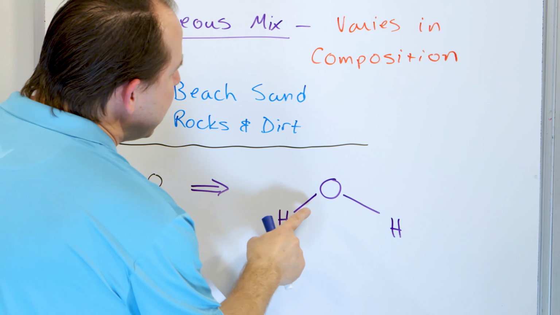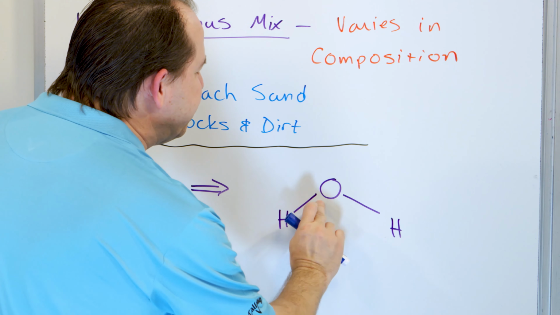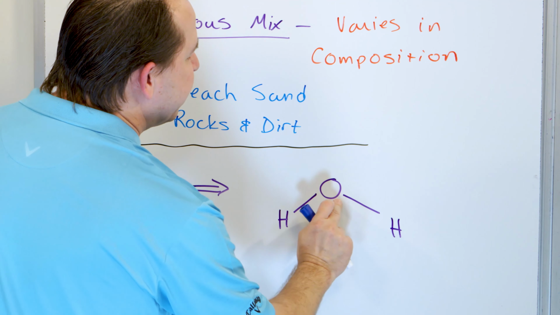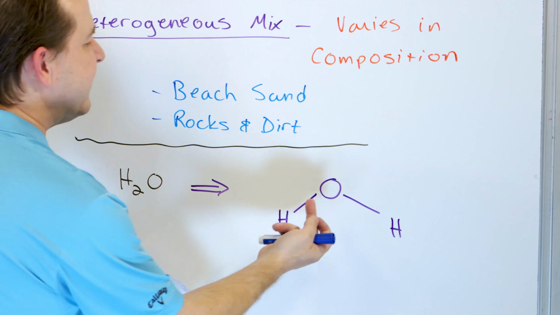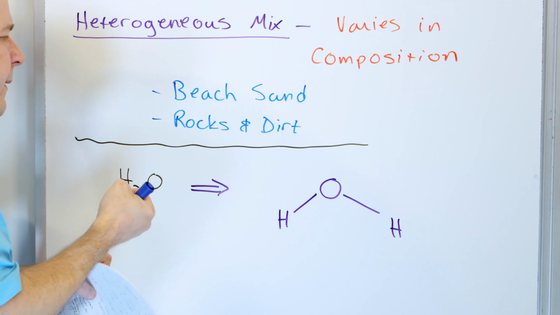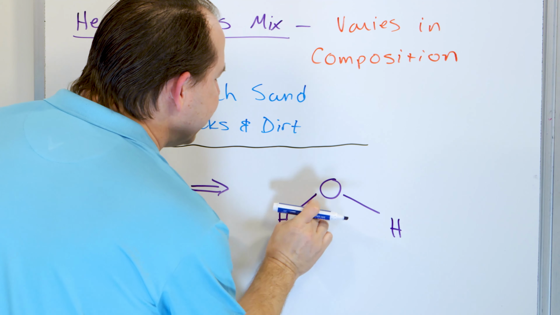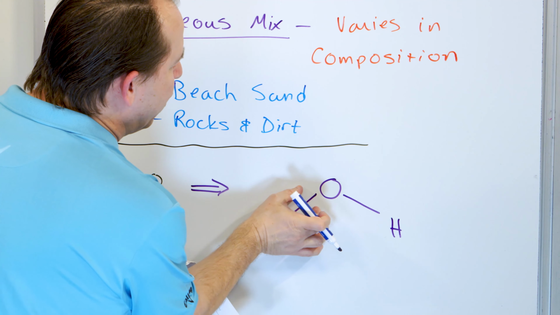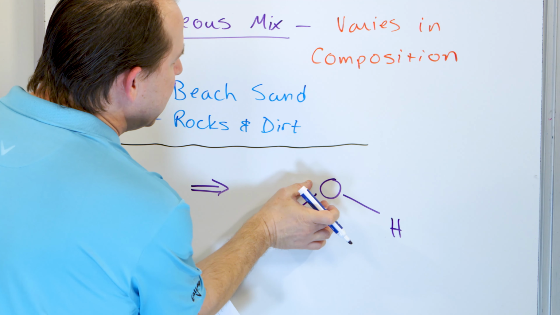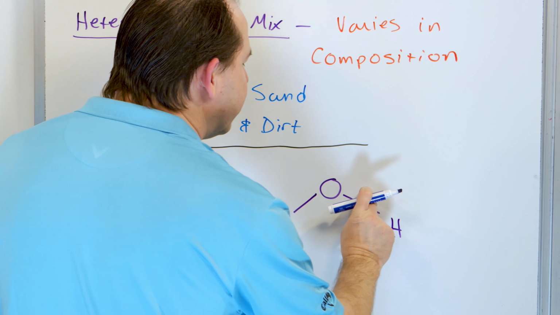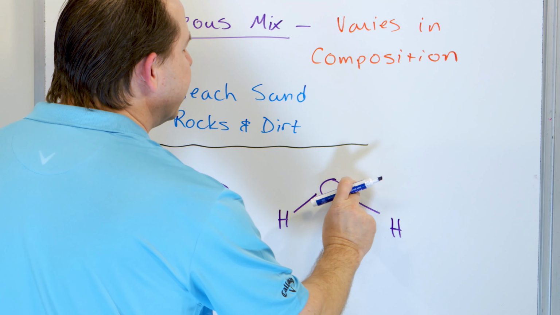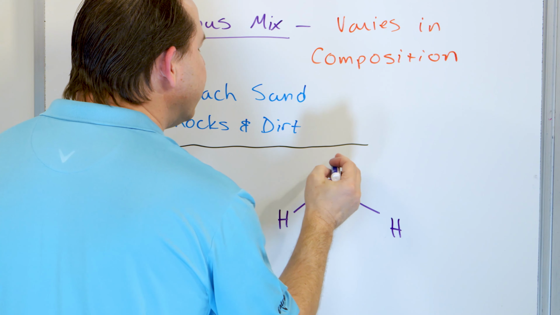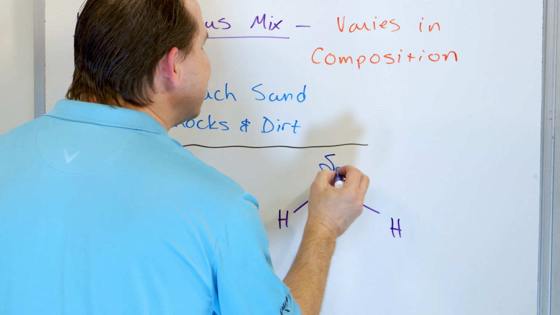This line represents a sharing of the electrons between the hydrogen and the oxygen, and a sharing here between the oxygen and the hydrogen. But since oxygen is so much stronger at pulling, the shared electrons are not in the middle. They're pulled a little bit closer to the oxygen. So because of that, the oxygen has a slight negative charge.